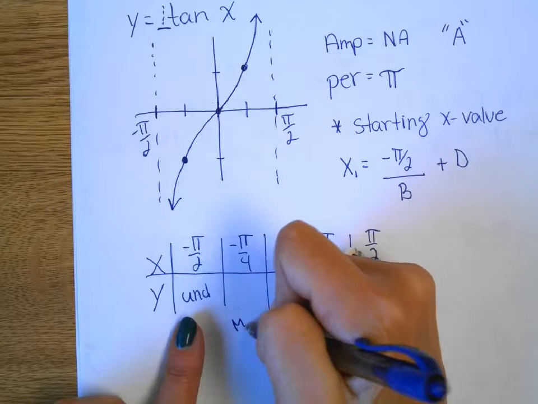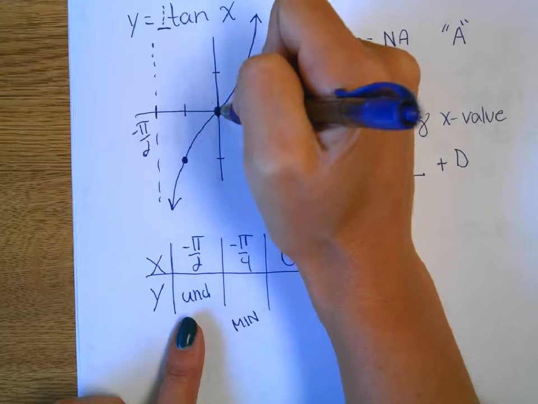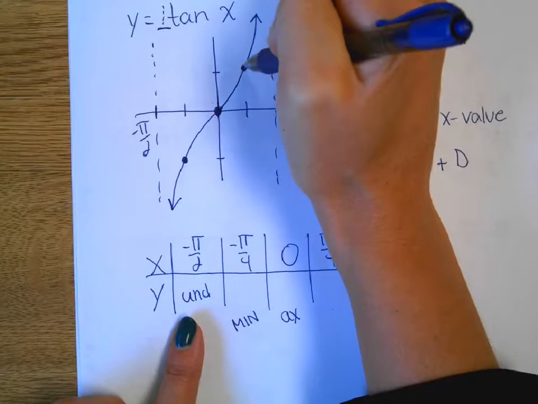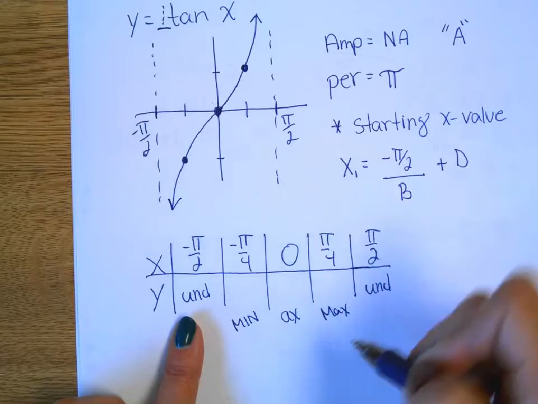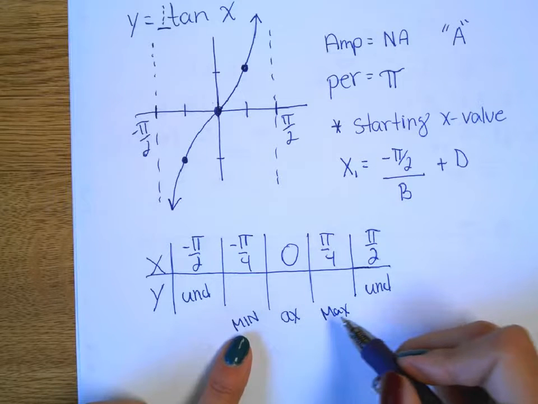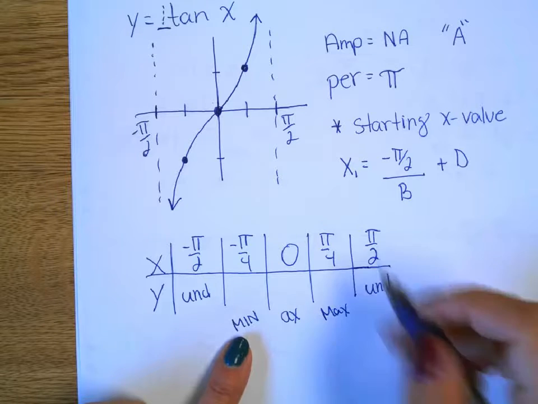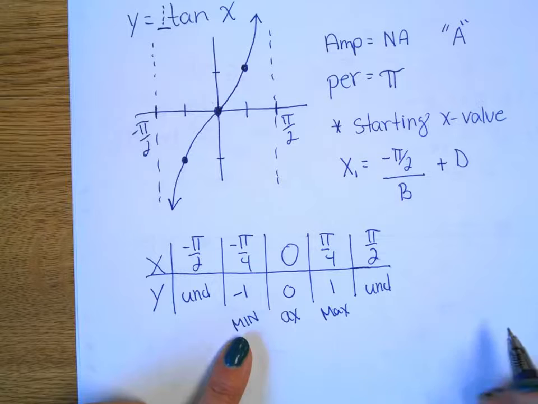A min. Then I hit the origin, which is my axis. And then I went up from the axis. Technically not a max, but if I think of max as going up, I go down the A value, then up the A value. The axis value will be the vertical shift. So this would be negative 1, 0, and 1.